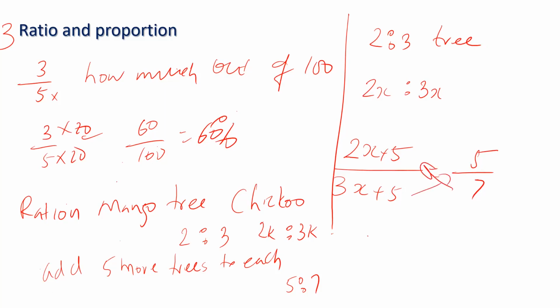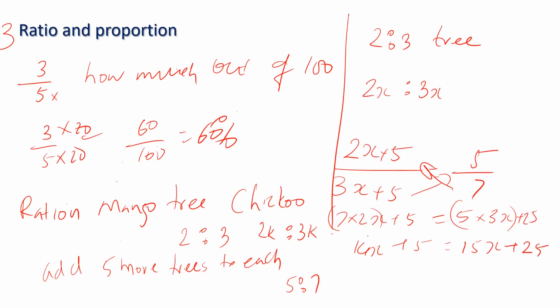Cross multiply. 7 into (2x plus 5) is equal to 5 into (3x plus 5). 14x plus 5 is equal to 15x plus 5 into 5, 25. Right? We added 5 trees and we got the answer.